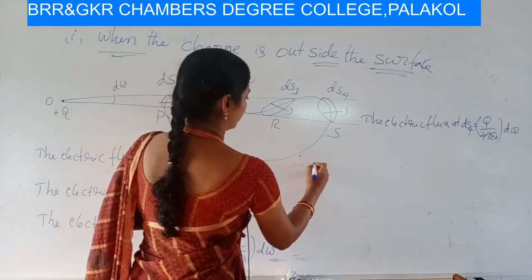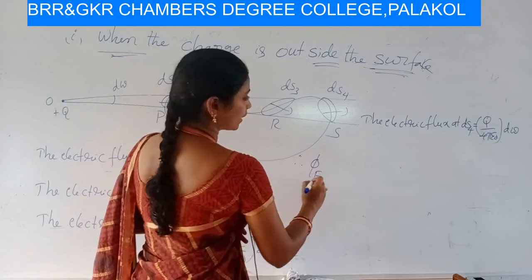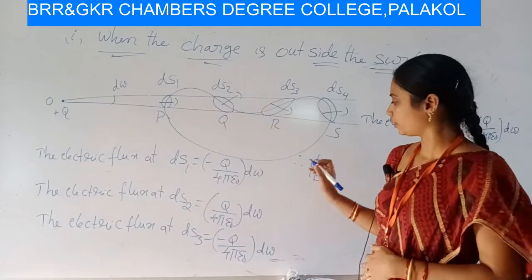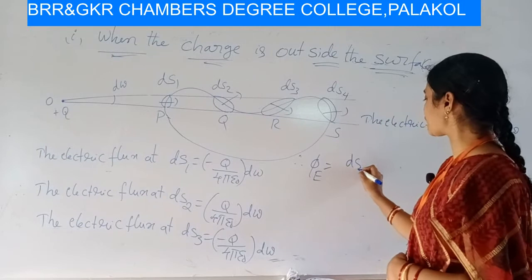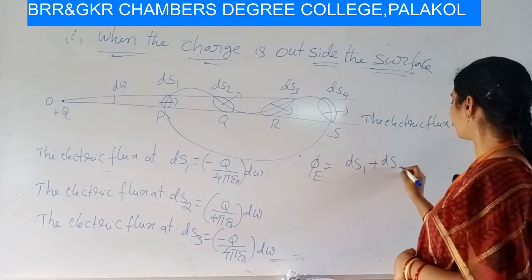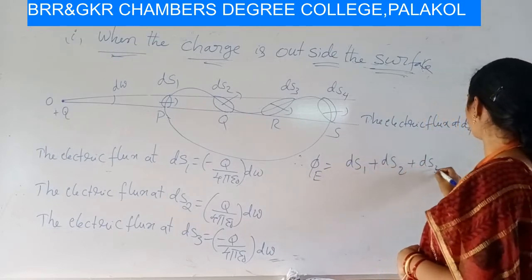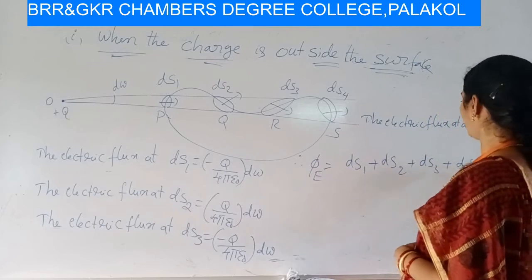Therefore overall flux for this surface is phi equivalent to flux for area ds1 plus ds2 plus ds3 plus ds4.